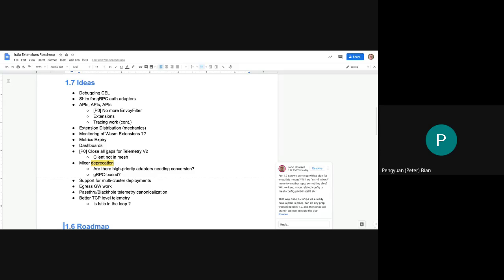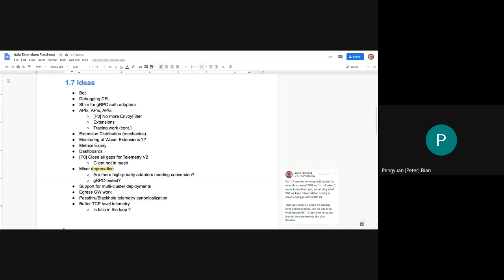Yeah. So one thing I want to add is better Envoy native stats. I mean, just expose more Envoy native stats that involve measurement, and make sure that we have a good guide on how to operate Prometheus with that.